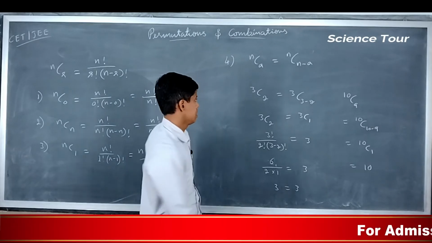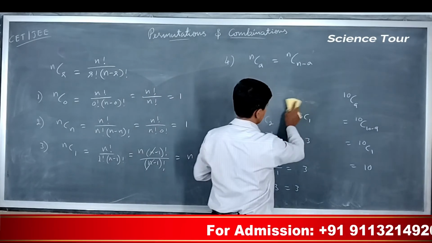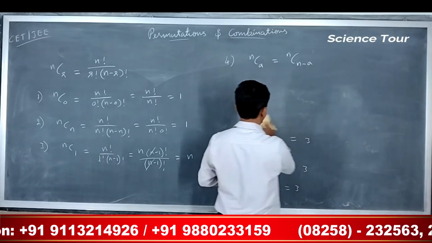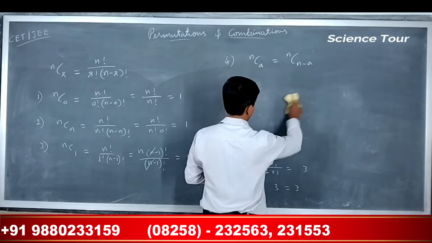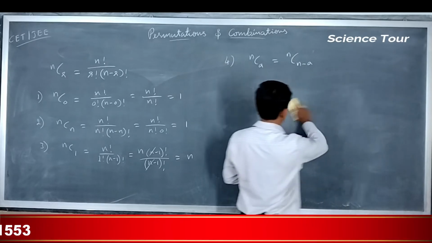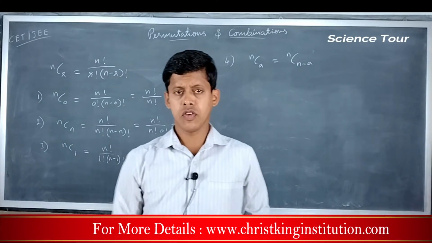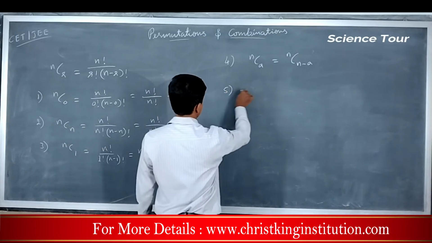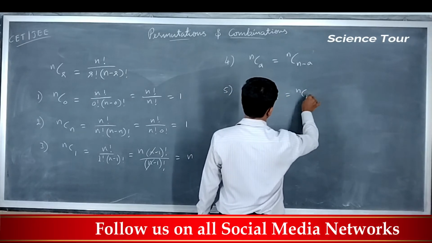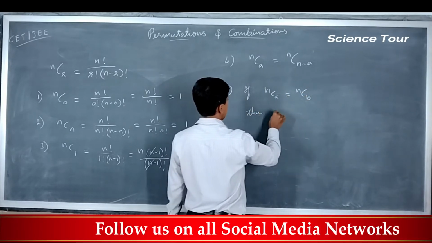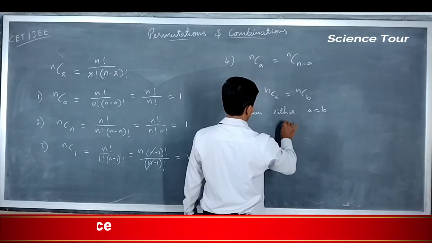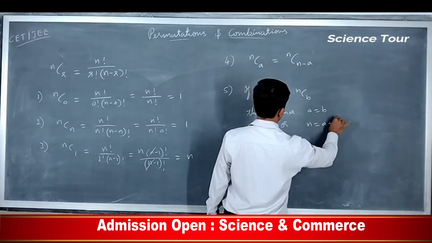Well, the next shortcut formula that we can use is: if you have nCa equal to nCb, then either a is equal to b or n is equal to a plus b.